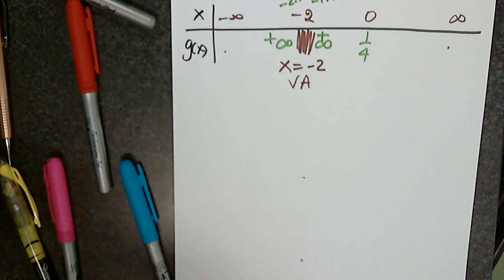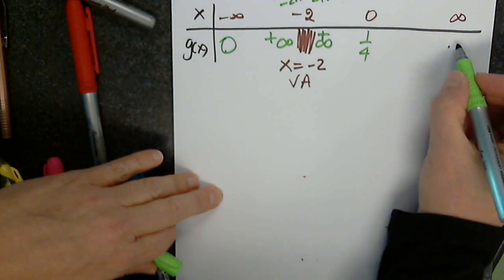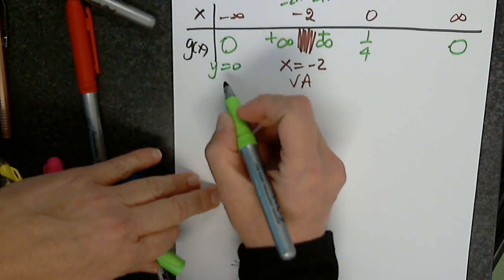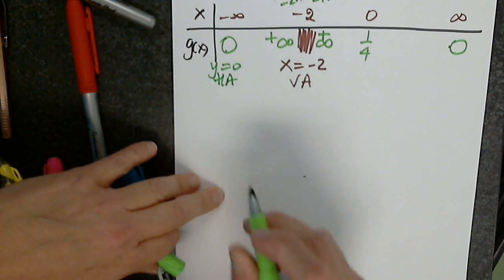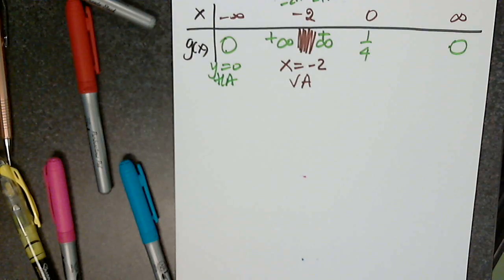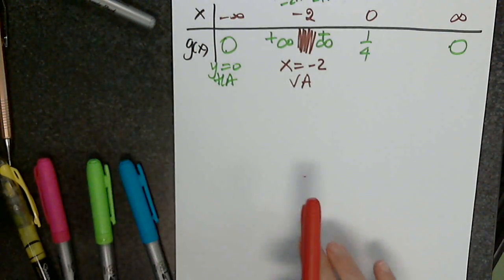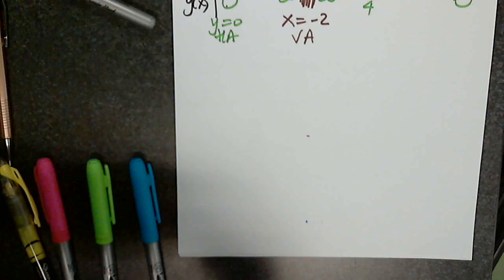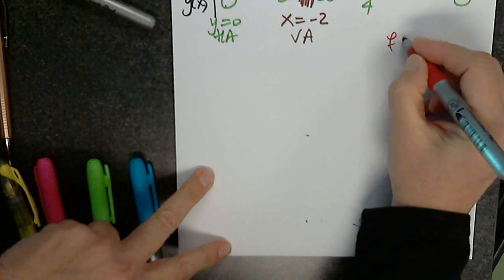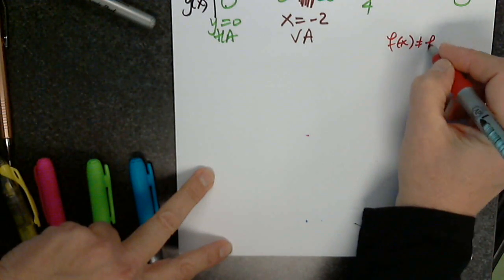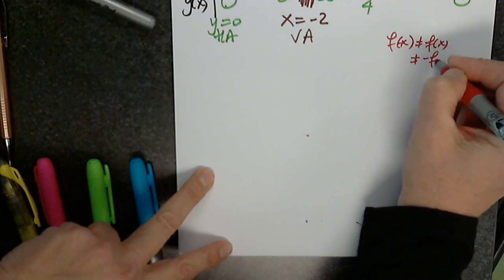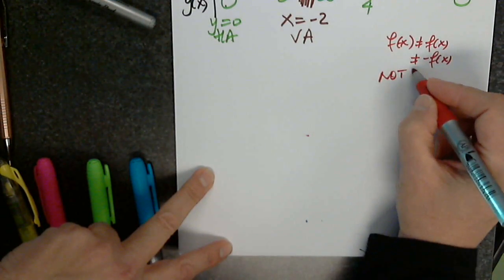Zero. Absolutely. So the horizontal asymptote is always 0. Please look back at your notes. When the denominator has a higher degree than the numerator, at infinity, it approaches 0. Good. That's all I need. And the function is not symmetric. You can write that f of negative x does not equal f of x, and it does not equal negative f of x. Not symmetric.